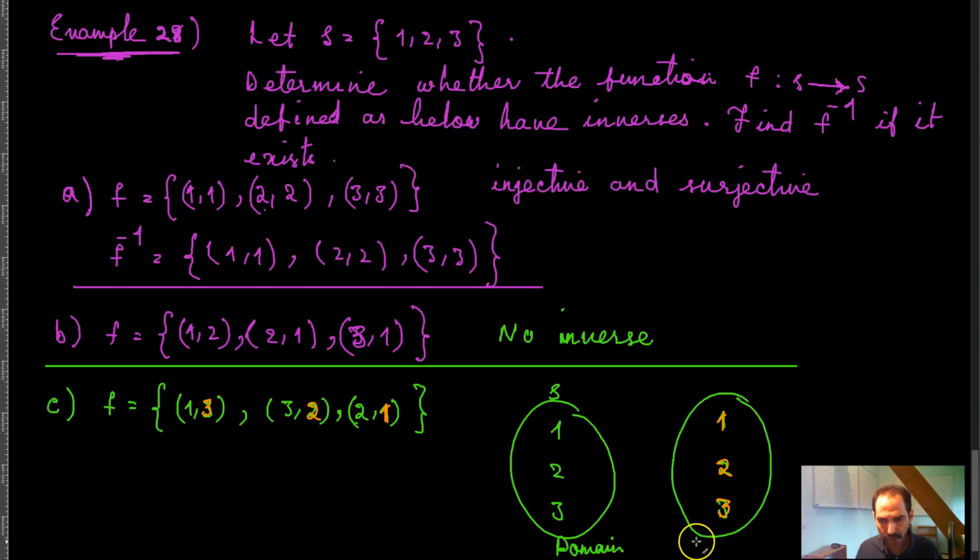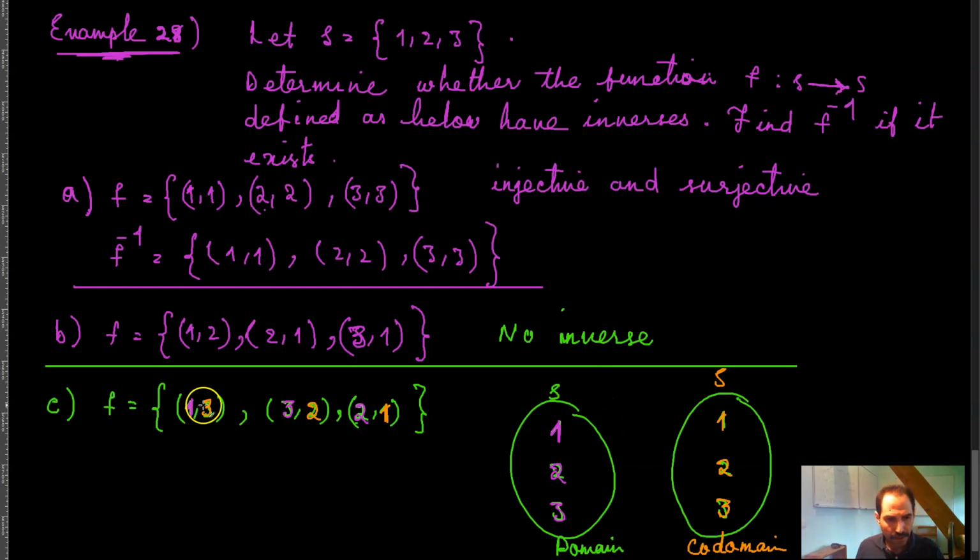So this is your codomain, again S. The first elements are your domain, the second elements are always your codomain.